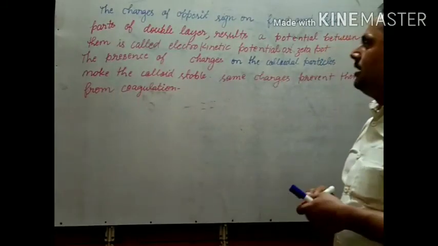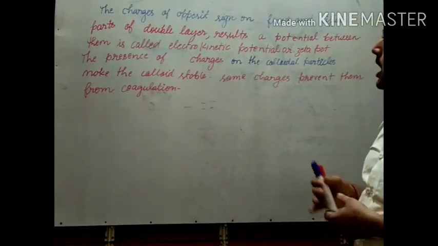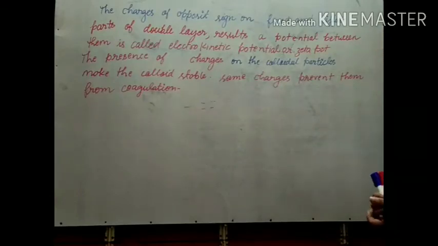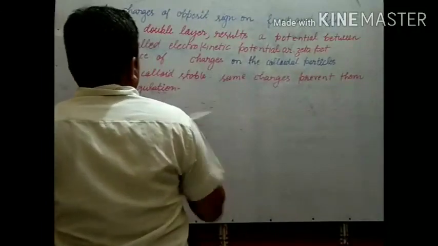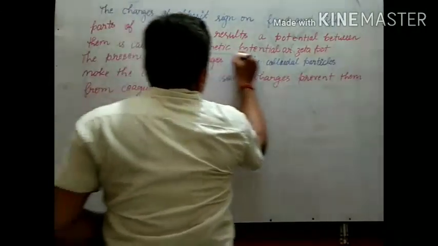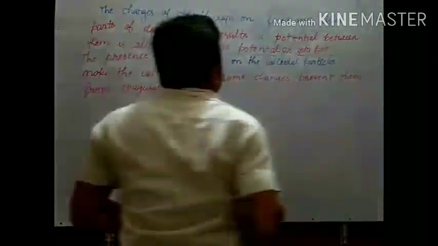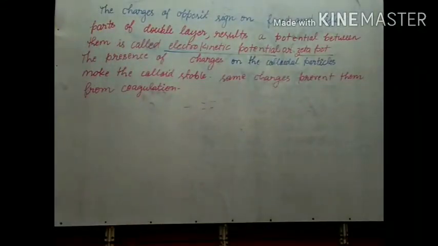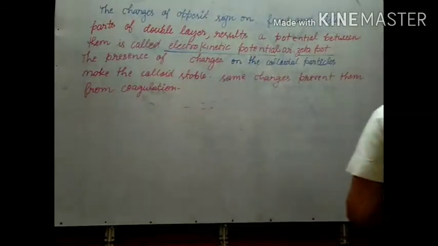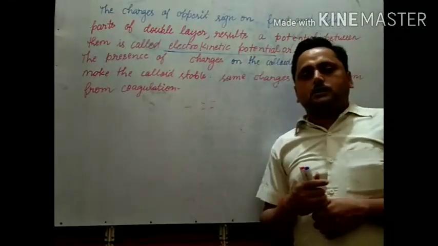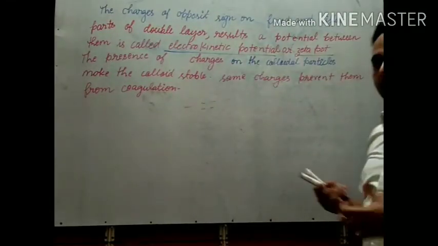So here we have discussed the electrical double layer and electrokinetic potential or zeta potential. The zeta potential is most important. These three, zeta potential, electrokinetic potential and electrical double layer, are asked separately as short notes.